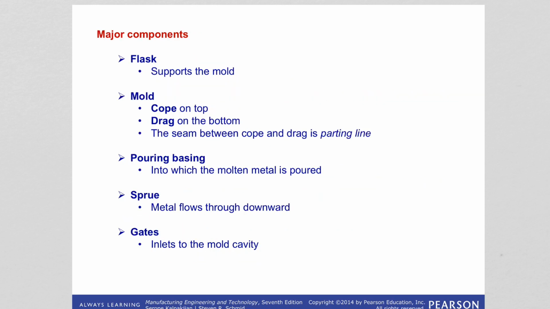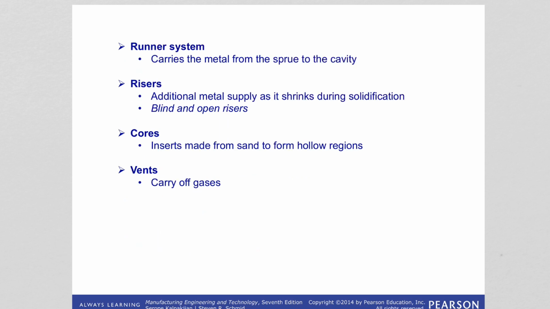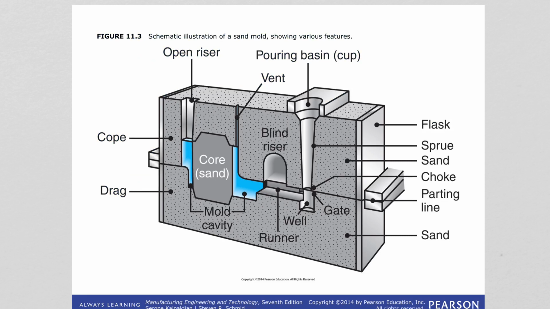So what are the major components of molds in sand casting? Let's talk about these on the figure. You need to know that I can give this image, ask about a certain part, what is the name, and put an arrow to that part, and you should be able to tell me and choose the correct answer from the multiple choice.